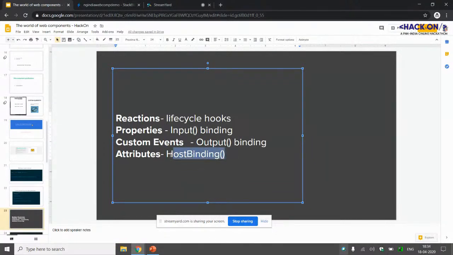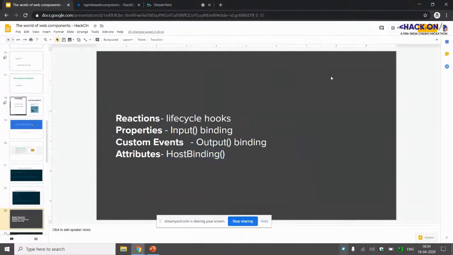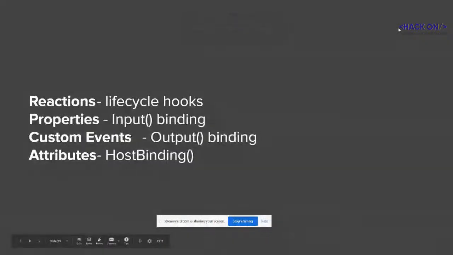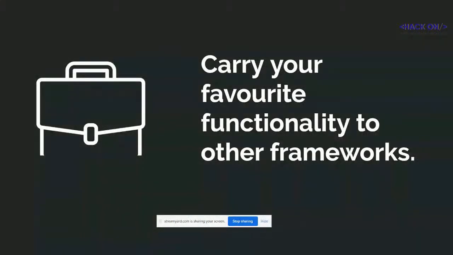You can capture the property and make a change in its color, styles, appearance, anything like that. And you can do that in custom elements and web components as well. I'm using these terms interchangeably because you now know that the foundation of web components lies in custom elements. There is a difference definitely, but it's almost the same thing.